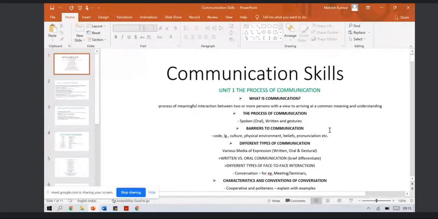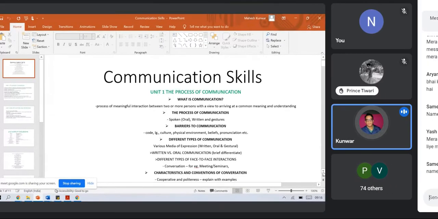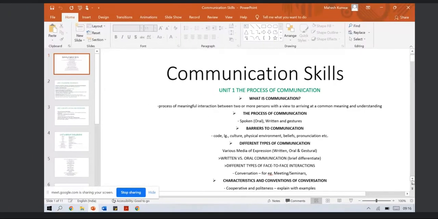So to provide information very quickly, like in an emergency situation, spoken communication is more significant, whereas written communication is basically for documentation, or if you have to send a message, or mention important points for record.